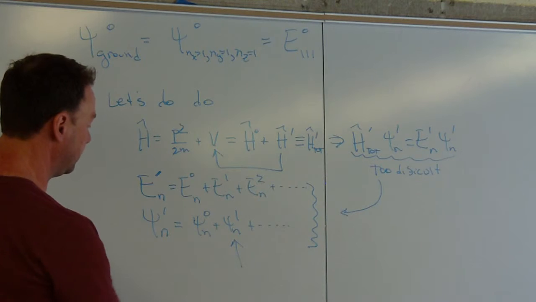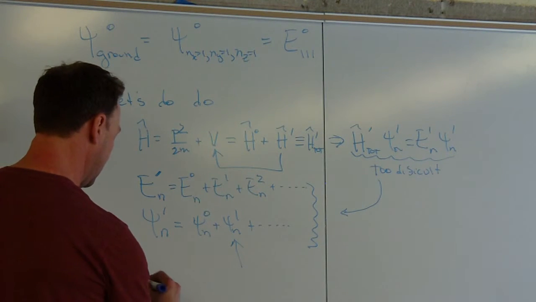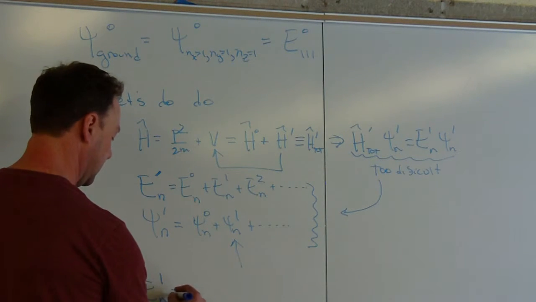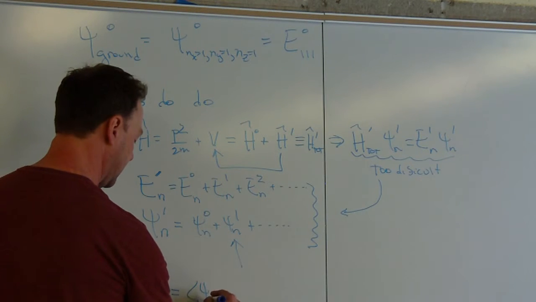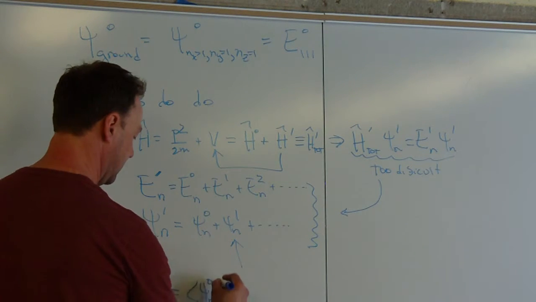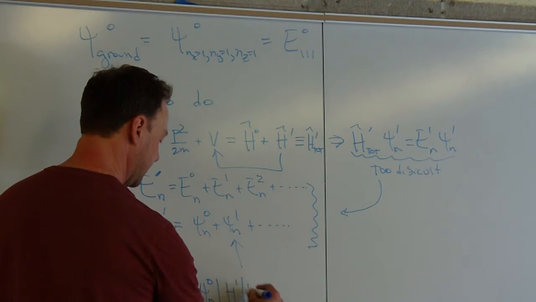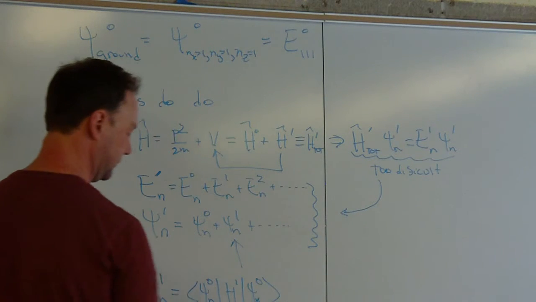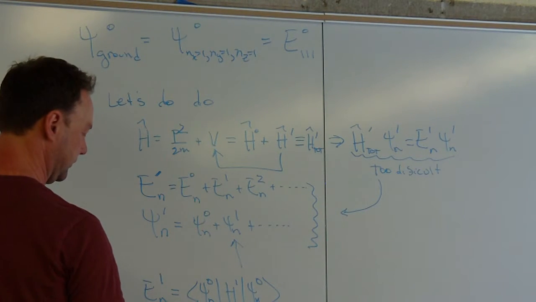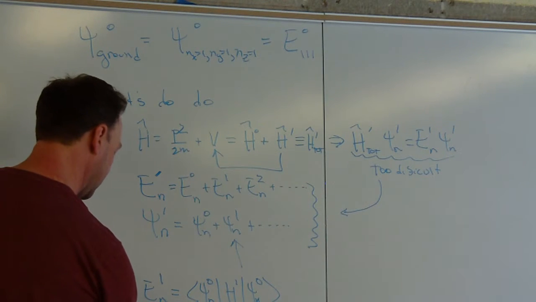And what do we know for this? We know that E_n1 is equal to the bra psi_n0, H prime, ket psi_n0. And if we wanted, we could find this one.